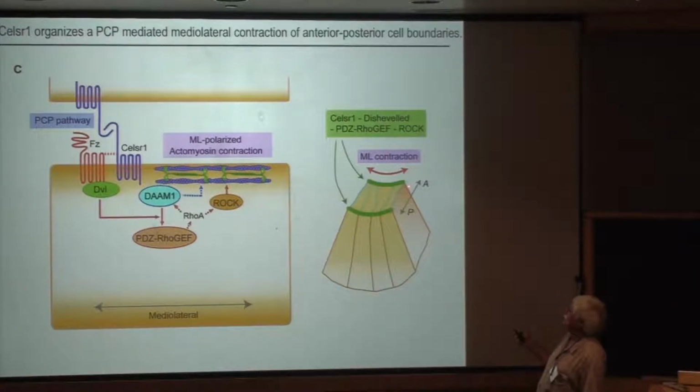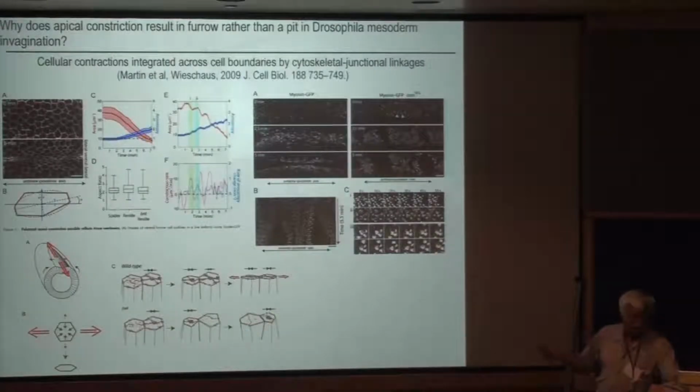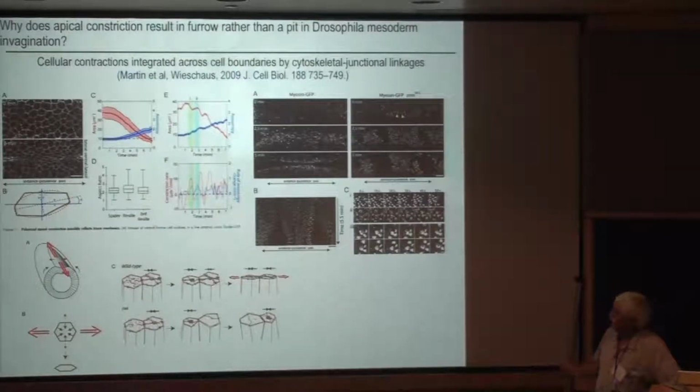So what you've got is a concentration of the contractile forces on the anterior and posterior sides, such that you get wedging in this direction but not this direction. Fascinating story. That's been a problem lying about for a long time.